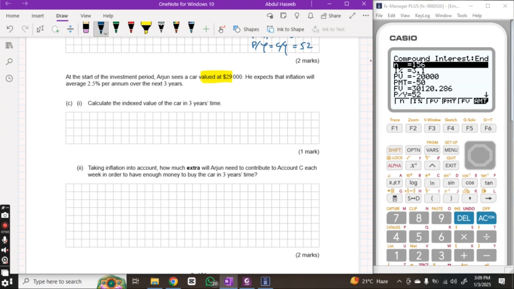Since we have been given the average inflation rate over the 3 years, the indexed value of the car can be found by multiplying 29,000, which is the current value of the car, with 1 plus the inflation rate, that is 1.025 to the power 3, which is the number of years. The answer comes out as 31,230. So this is the indexed value of the car after 3 years.